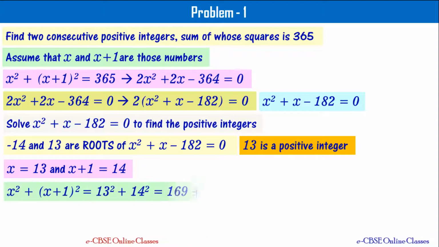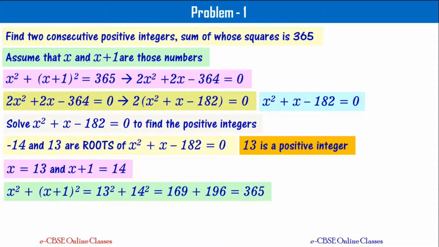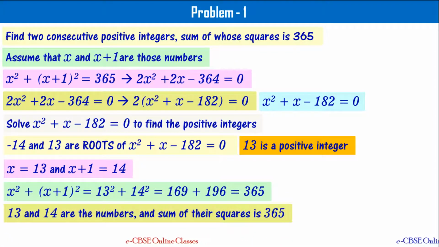So x square plus (x plus 1) whole square now can be written as 13 square plus 14 square, that is equal to 365. So this is exactly matching our requirement, meaning we have found two consecutive positive integers, those are 13 and 14, and sum of their squares is 365. This is what exactly we are asked to find, right?